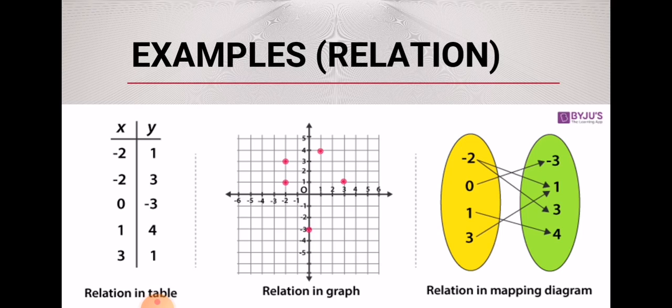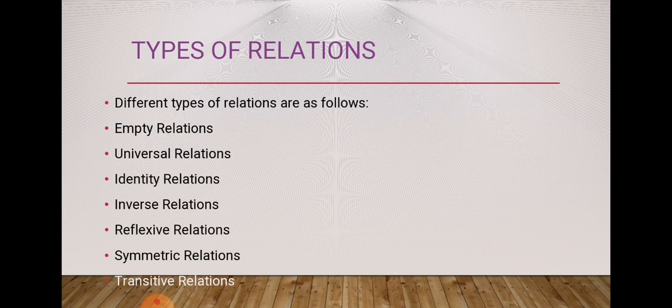So -2 has a relation with 1 and 3, and 1 has a relation with -2 and 3. So this is an example of relations.